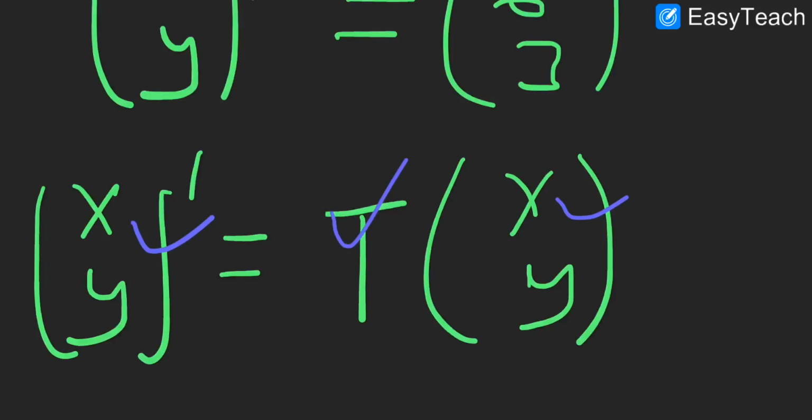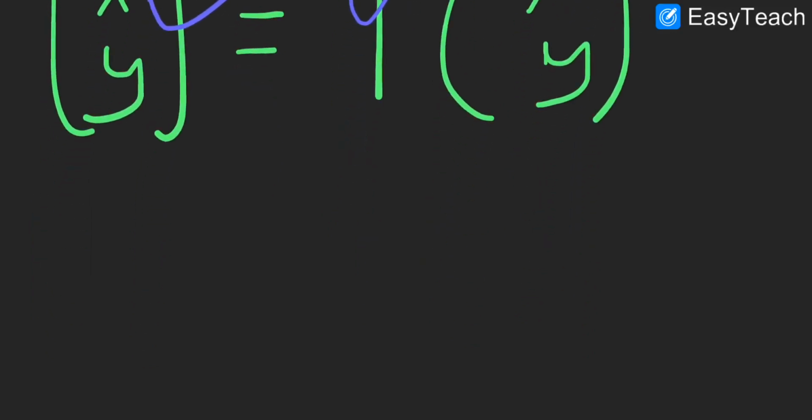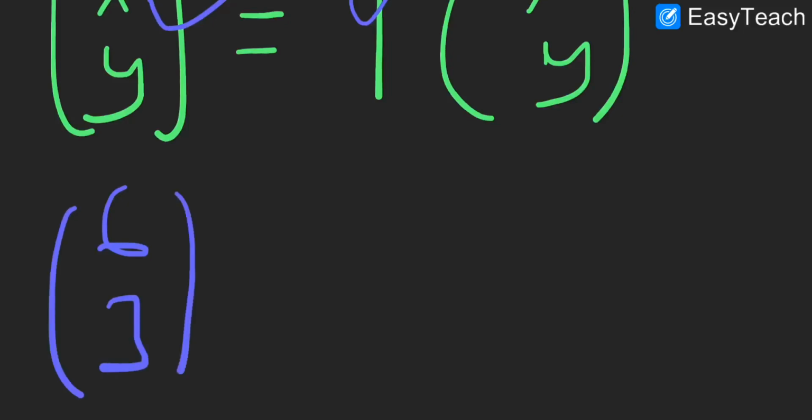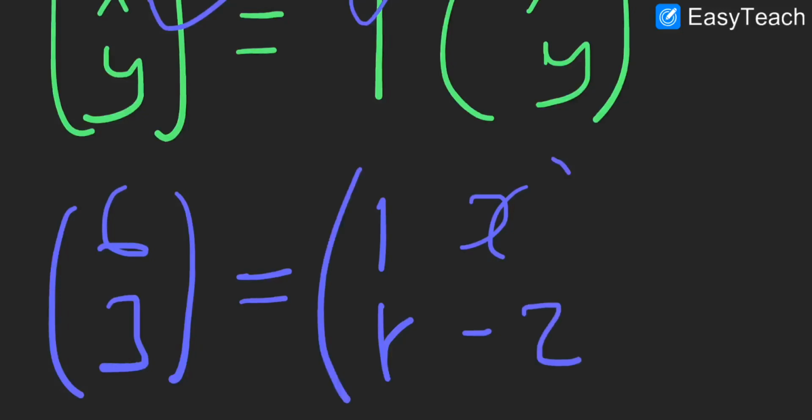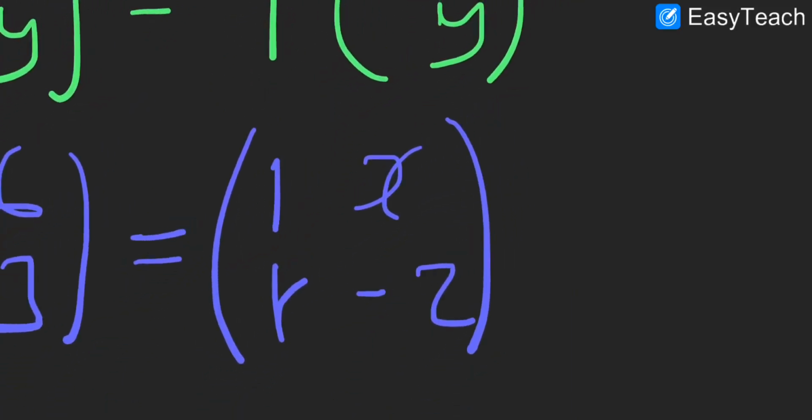The image 6, 3 is obtained by taking the transformation matrix T, which is 1 r, x negative 2, times the point negative 4, 1.